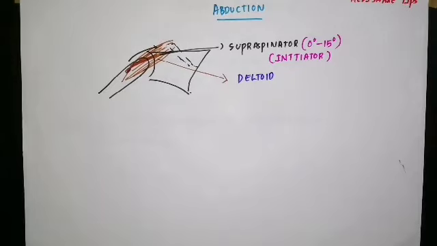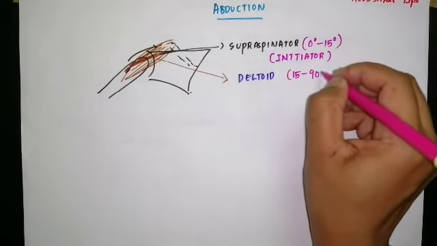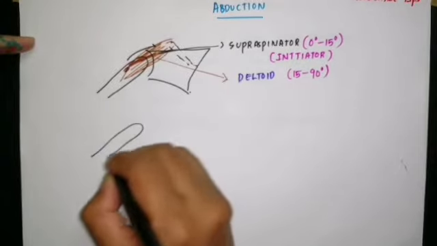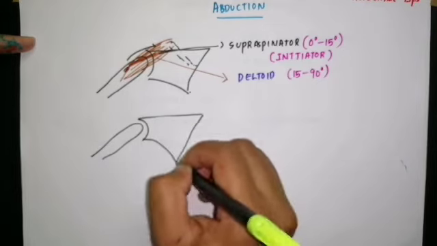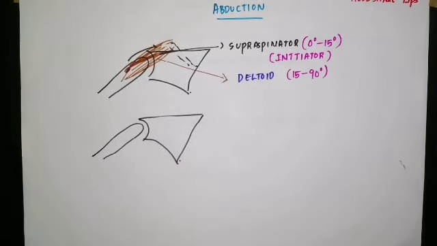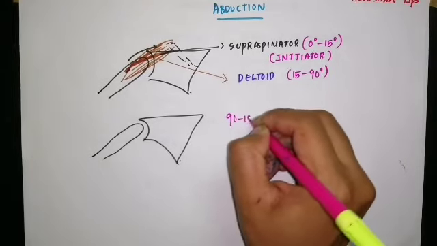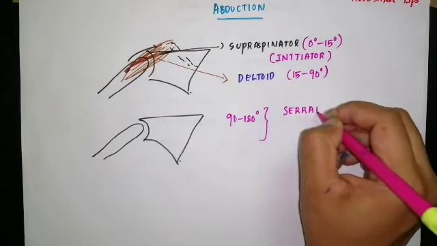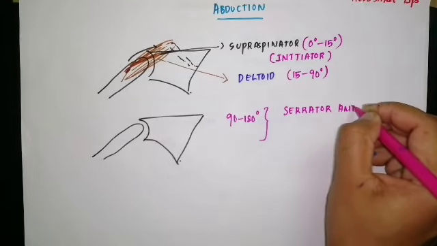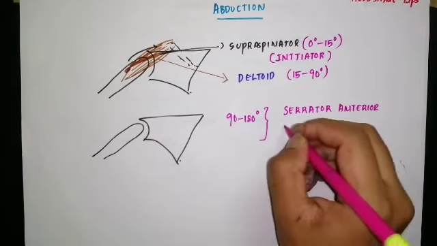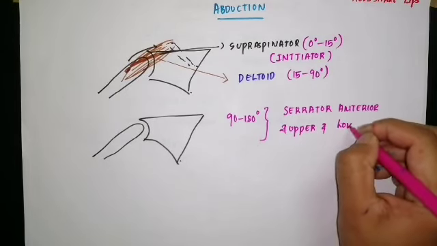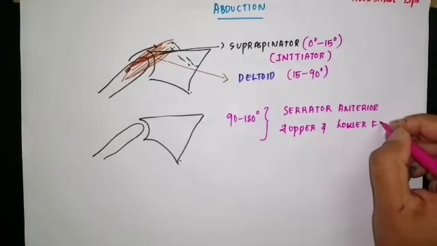And from 90 to 180 degrees, what carries it out? This is being carried out by two muscles. One is the serratus anterior muscle, and the upper and lower fibers of trapezius.